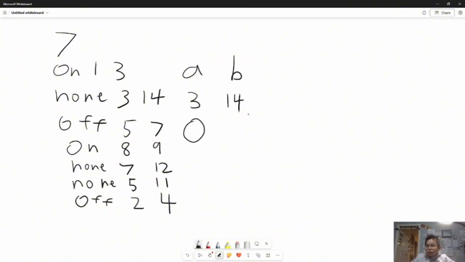Coming to 14, again, this value would be 9, because 14 minus 5 is 9, and you're subtracting by 5 because that is the maximum possible range after the off-ramp. So now we have the range of 0, 9, and we now encounter an on-ramp of 8, 9.